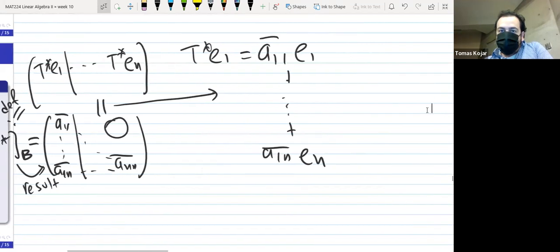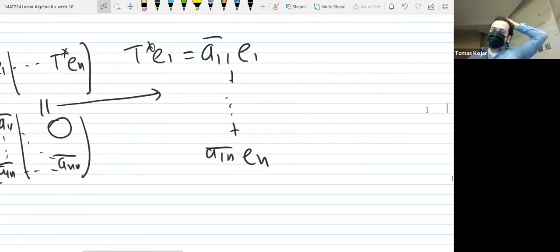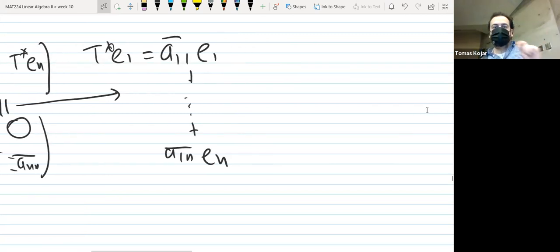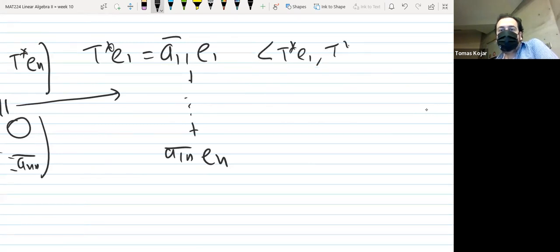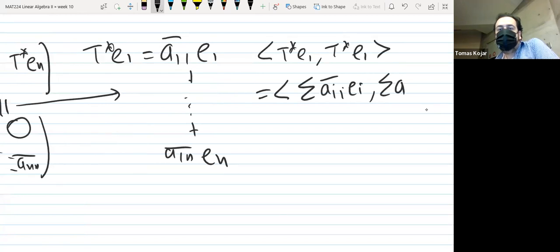Okay, and then you compute the norm. So T star E1, T star E1. So you have summation A1I EI and summation A1K EK.